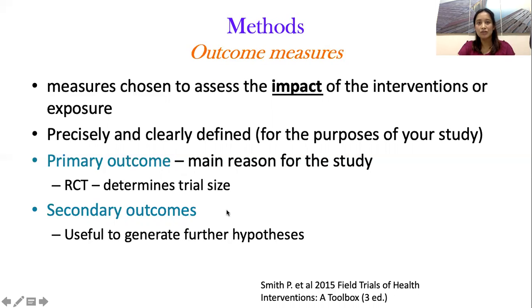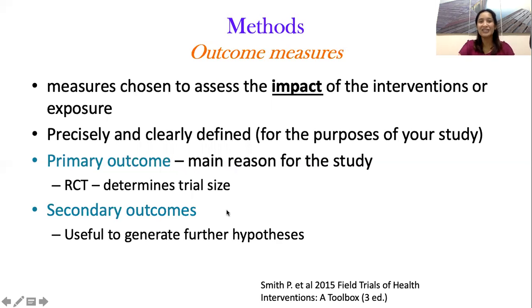pathophysiologic definition. So for example, one of your outcome measures is myocardial infarction. You don't define it as, what's an example, a blockage of an artery by a thrombus or by an embolus, something like that.